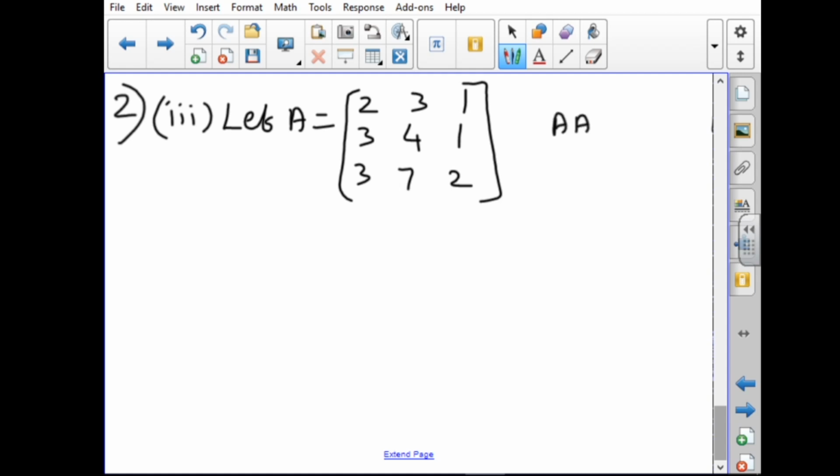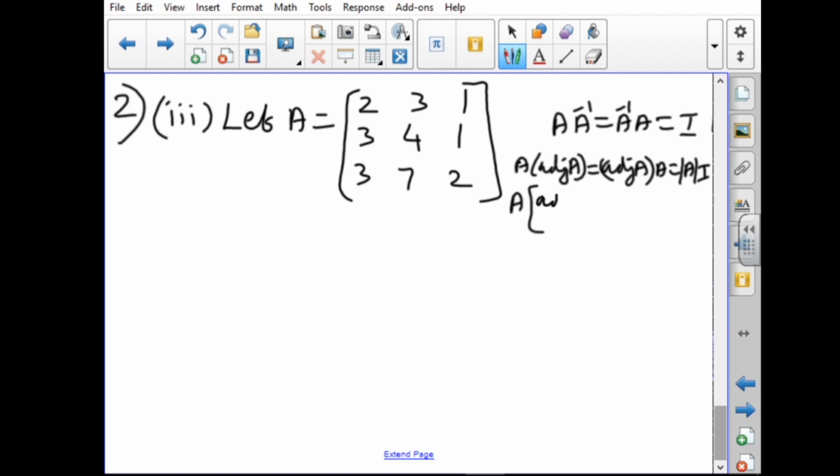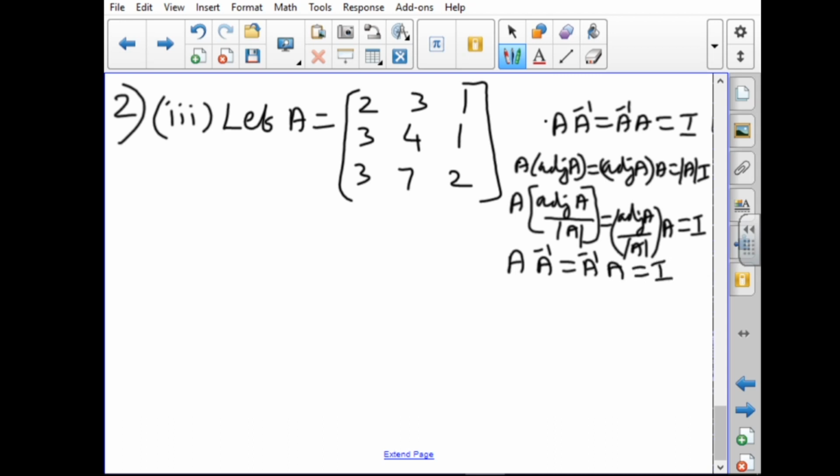We know that A into A inverse is equal to A inverse into A is equal to I. And also A into adj A is equal to adj A into A is equal to determinant of A into I. Now divide throughout by determinant of A. So we get A into adjoint of A by determinant of A, which is equal to adj A by determinant of A into A, is equal to I. Compare this with A into A inverse is equal to A inverse into A is equal to I. So what is A inverse?